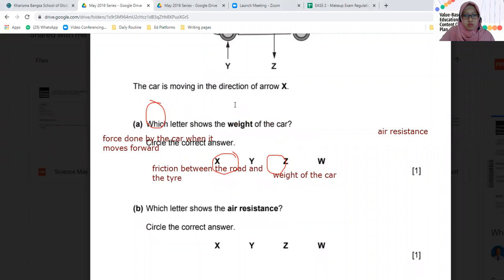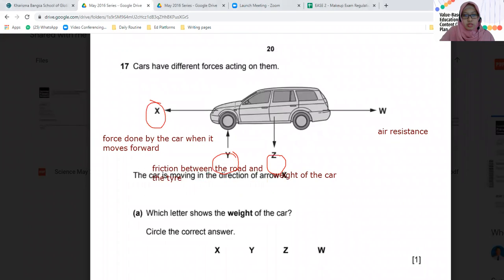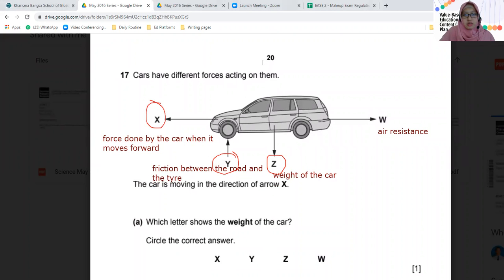Let's continue. Which letter shows the weight of the car? Like I said, the weight of the car is shown by the arrow Z, because as we know, weight is influenced by gravitational force, which is caused by the mass of the Earth and the force produced by the Earth's core.